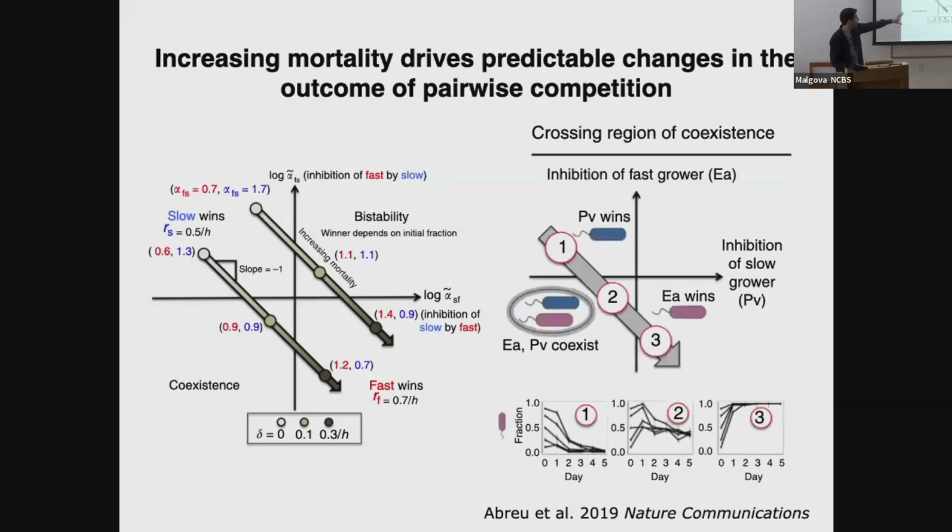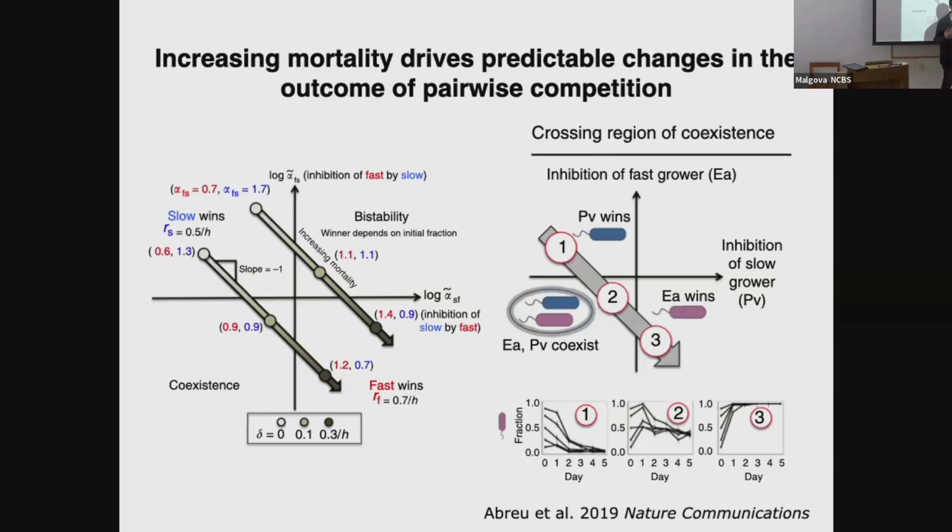Just as a reminder, this is what Clare Abreu and some colleagues did a few years ago, in which they were competing two species at different death rates. As they increased the death rate, they were seeing how the outcome of the competition changed from one species winning, which happens to be the slow grower in here, and then here, the two species will coexist.